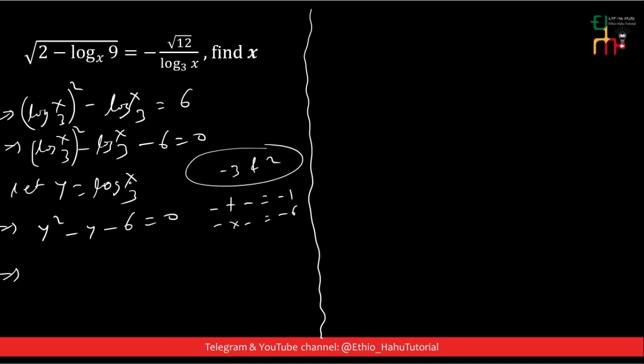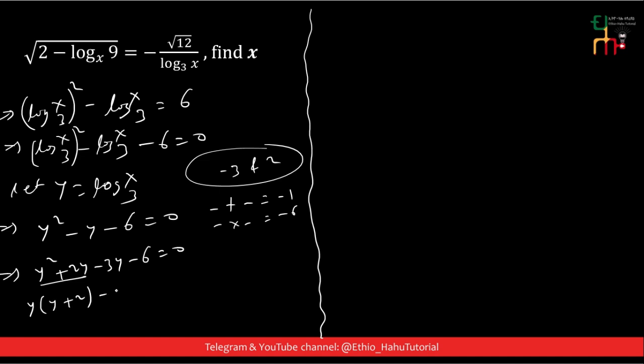Therefore, y squared plus 2y minus 3y minus 6 is equal to 0. From this, take y as a common factor: y into y plus 2.